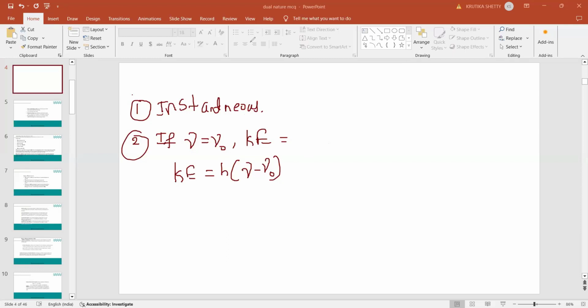Half mv square. So here, if you substitute nu is equal to nu naught, h into bracket, nu is nothing but nu naught itself. So therefore, nu minus nu, what is it? It is 0. So therefore, h into 0 is 0. So therefore, what we can say here, suppose incident frequency and threshold frequency are the same, kinetic energy of the particle will be 0. Kinetic energy of the particle will be 0. Understood?